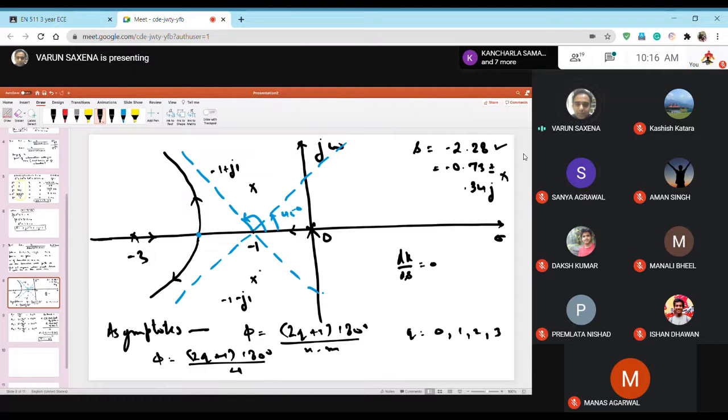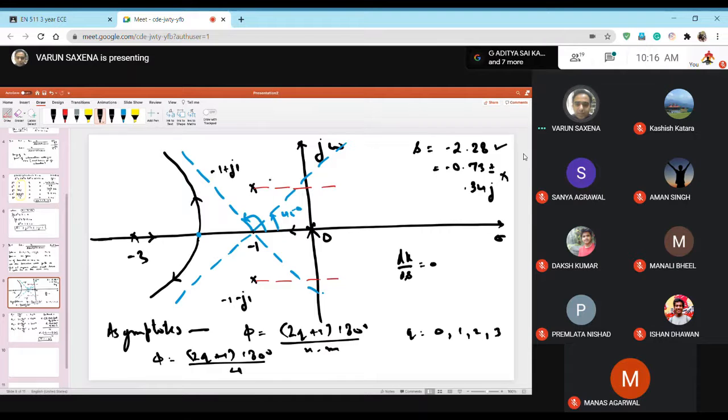Now, the other two poles are located at these two points. We know that they will also approach, but we don't know the angle of approach. So you have to make these lines here and find out the angle of approach.